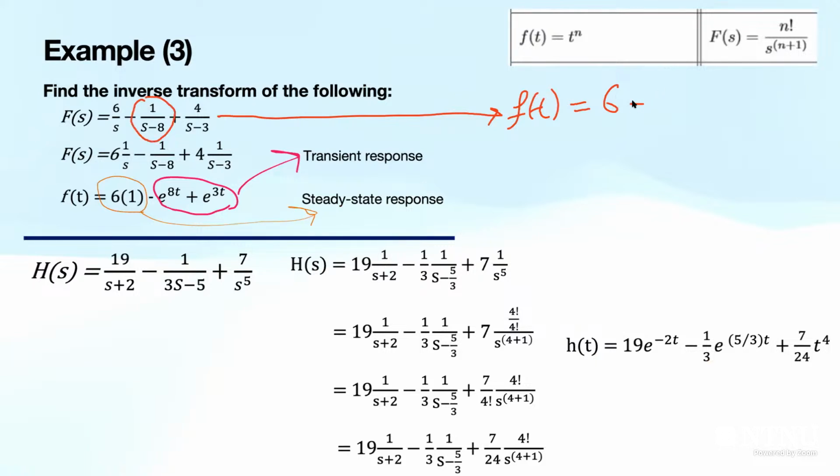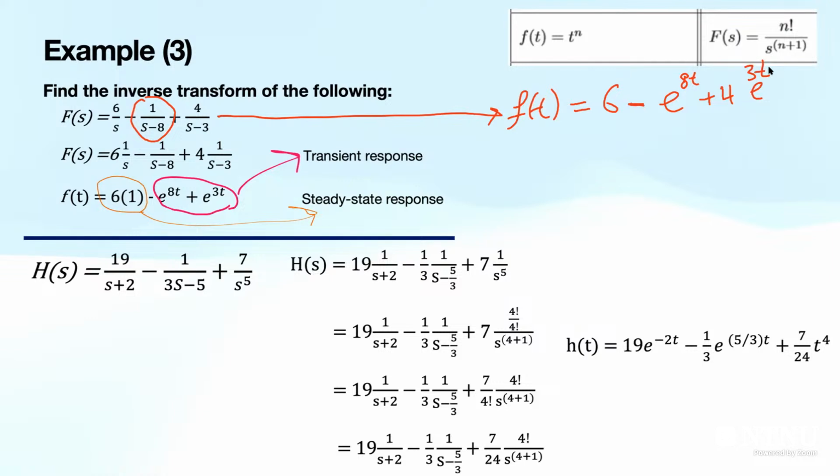We have this minus here, remember? It will be exponential minus at, so it will be exponential minus 8, so plus 8t, plus 4 exponential 3t. So it will be like this.